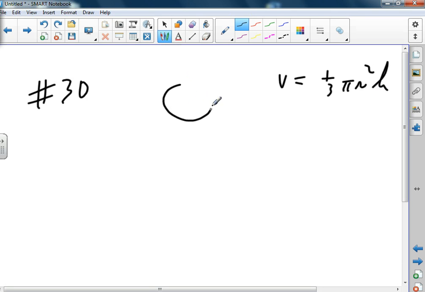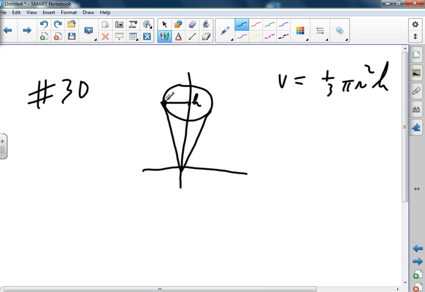So it's a circle up here, comes down like that, has an axis that way, comes up this way, where our height is right there, and our R is right there. Okay, so that's the right cylinder cone.